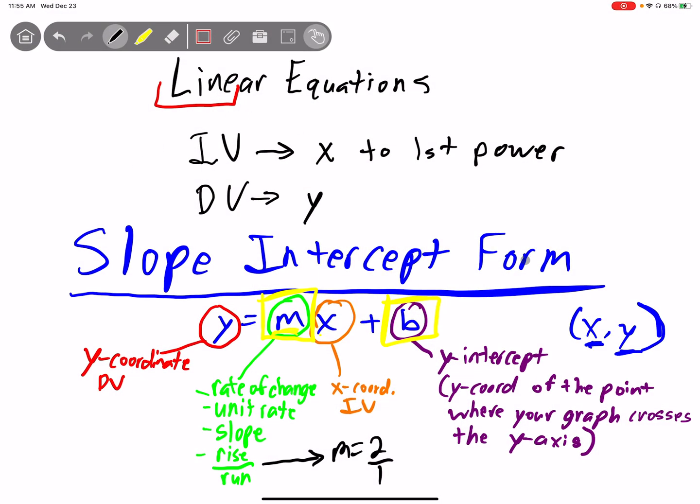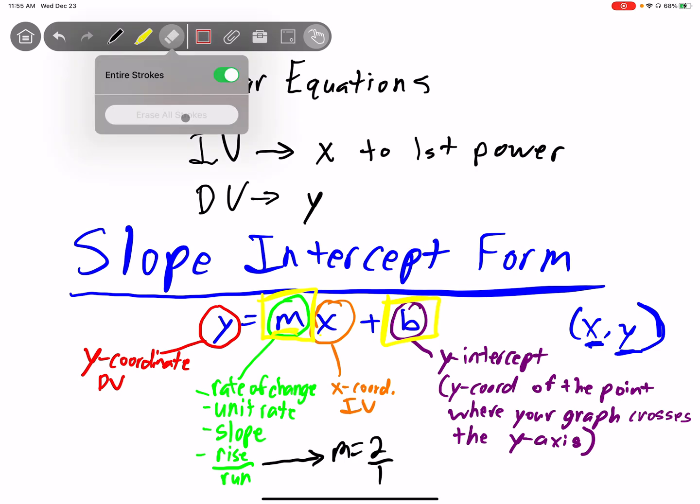So again, when I tell you that m is the rise over run, that means that if it's a whole number, let's say I tell you m equals 5, that's the same as 5 over 1.